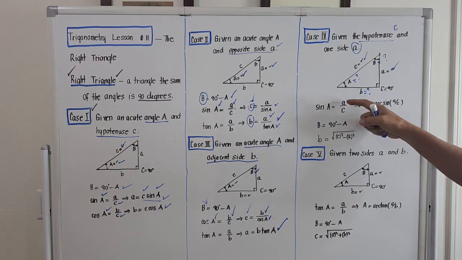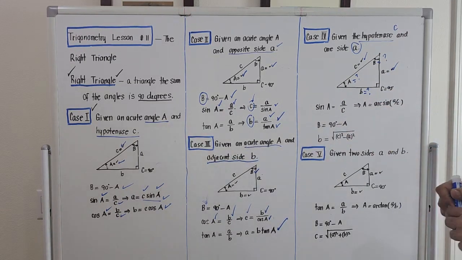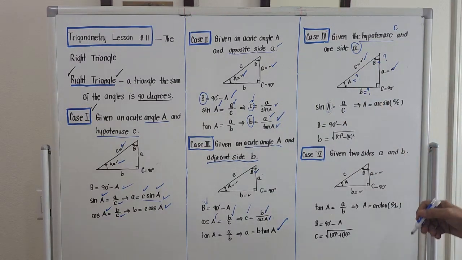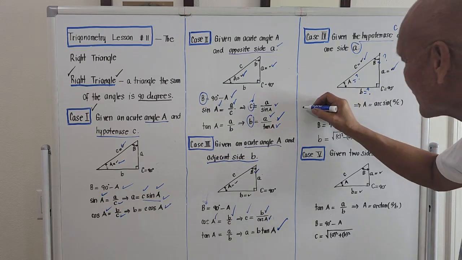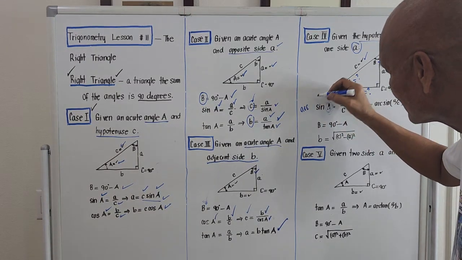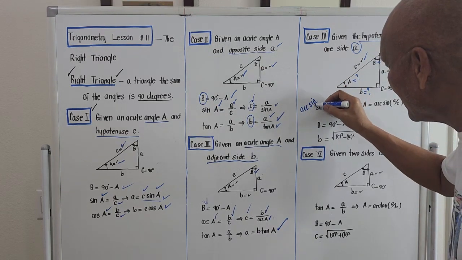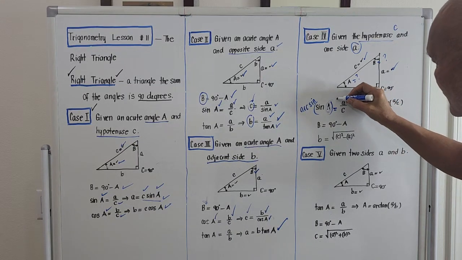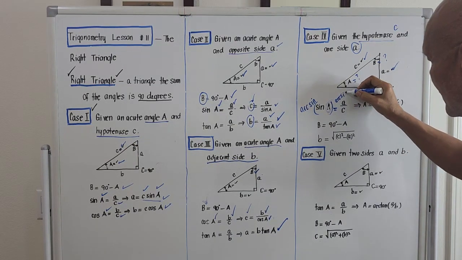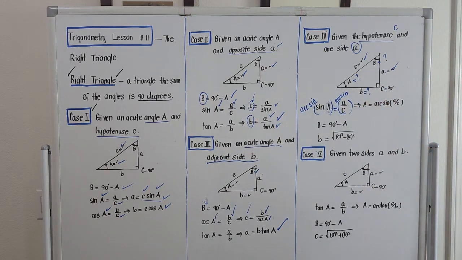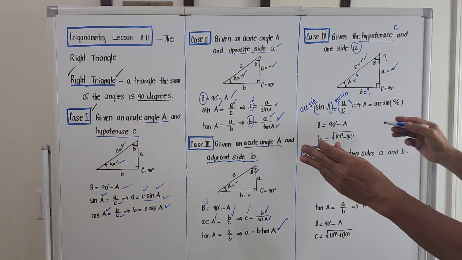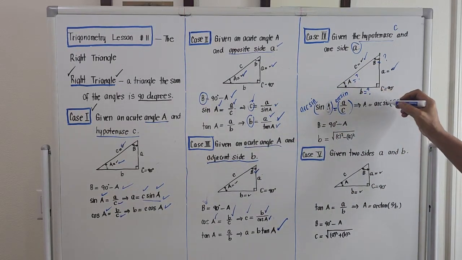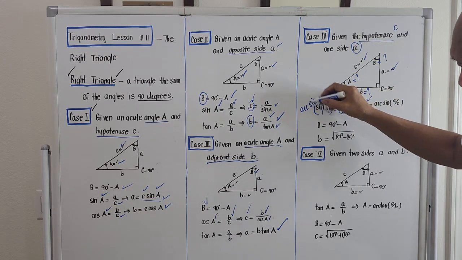So sine of angle A will be A over C. To compute for A, we take the arc sine of both sides. The arc sine of sine A will simply be A, so this will cancel out.